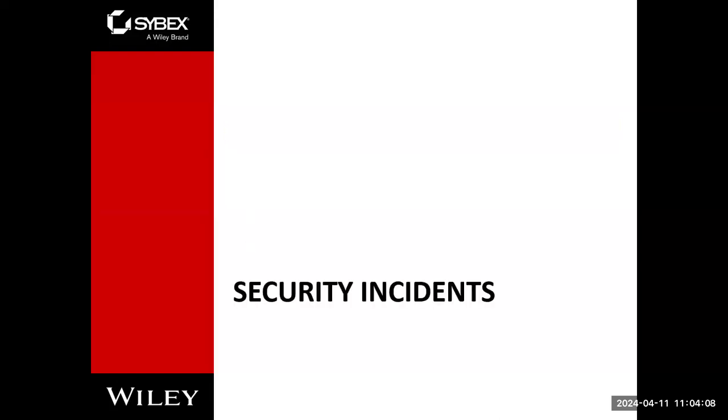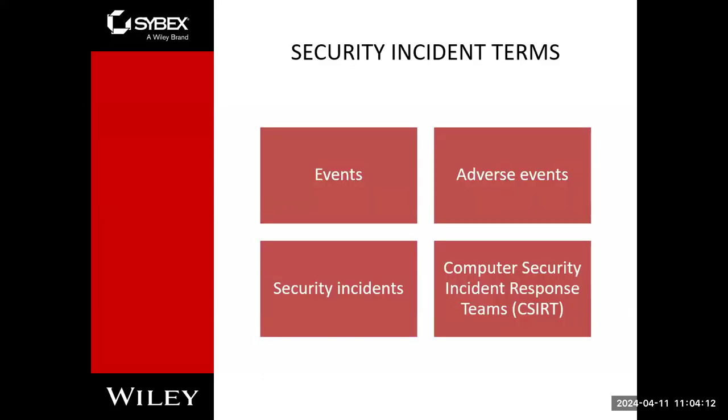So let's look at security incidents and their terms. So we have events, we have adverse events, we have security incidents, and computer security incident response teams. Each of these definitions is very critical for you to understand. An event is pretty much anything that happens, good, bad, or otherwise. An adverse event is bad.